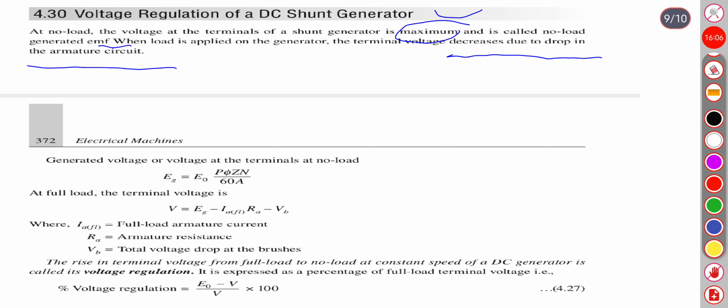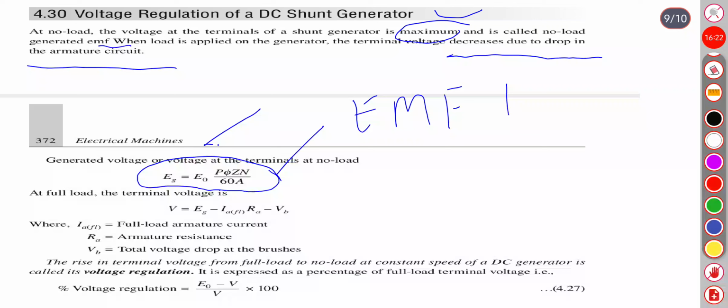Generated voltage Eg equals E0, that is P phi Zn upon 60A, as per the EMF equation. We have seen this equation in our previous video.